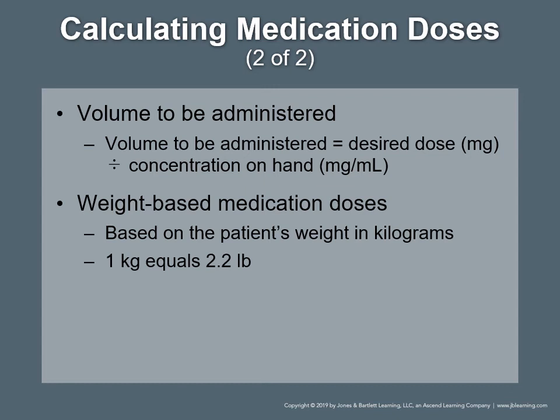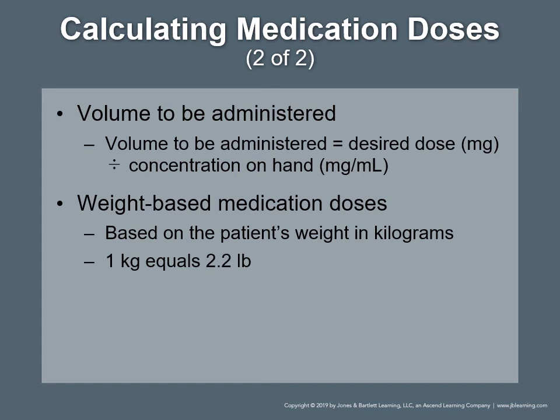Ensure the units in the desired dose match the units in the top of the concentration on hand fraction. Example: you are ordered to administer 12.5 grams of dextrose to a hypoglycemic patient. You have a pre-filled syringe containing 25 grams of D50 in 50 milliliters. How many milliliters of dextrose will you give?